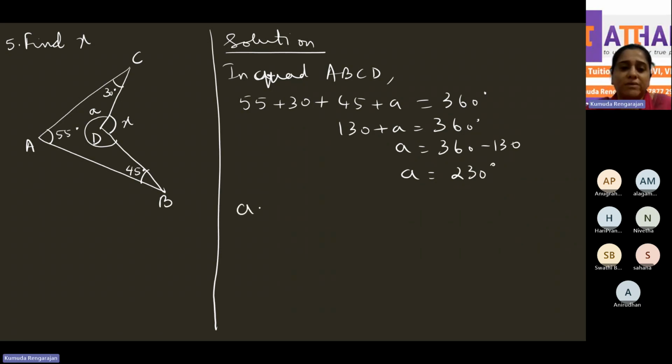Now, A plus X is equal to 360 because it's a complete angle. A and X put together is a complete angle. Around the point D, we have A here and X here.